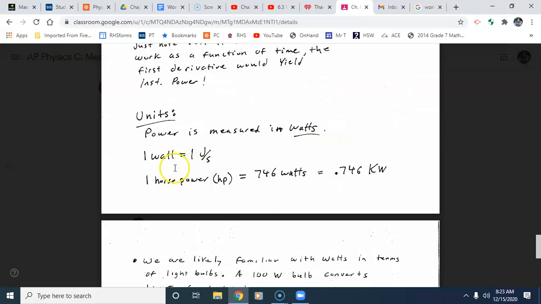One joule per second is known as the watt, and that's the metric unit for power. We are familiar with watts, but electrical power is probably the only place, especially like a light bulb, that you guys are familiar with it. But technically a watt could be used for any kind of power, mechanical power, anything like that.